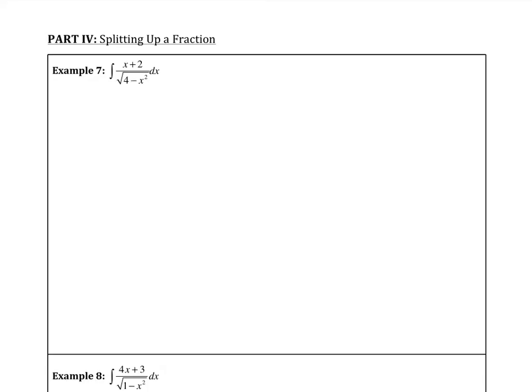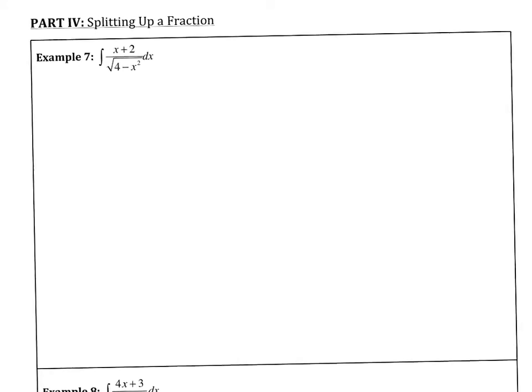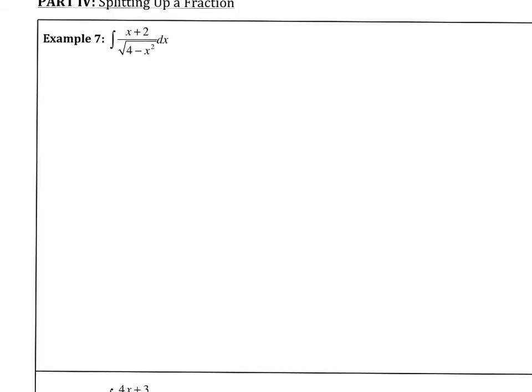And so basically, we do something that eliminates that problem, and it is this. Effectively, we split a sum in the numerator of a fraction into the sum of two separate fractions. So we rewrite the integral like this: x over our entire denominator, and then plus 2 over our entire denominator.